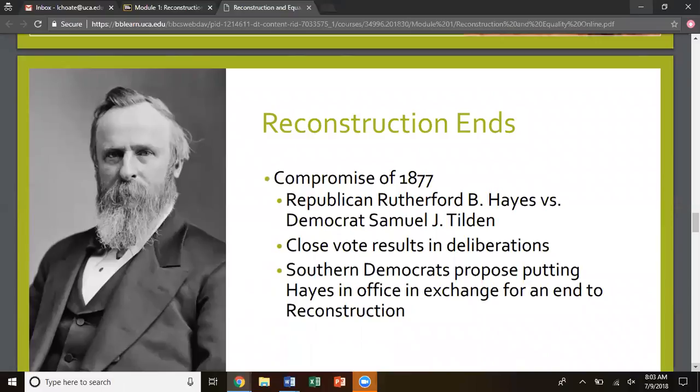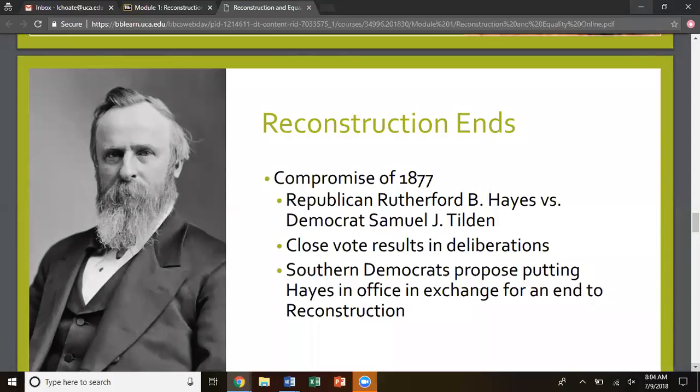Well, as that committee in the House of Representatives is deliberating, Southern Democrats propose a compromise to this committee. They ask to put Rutherford B. Hayes in office. Normally, Southerners would never want a Republican in office at this point in time. They're Democrats, but they say, go ahead and put Republican Rutherford B. Hayes in office because he can fix the Depression, but in exchange, we want the federal government to stop all oversight of the South.